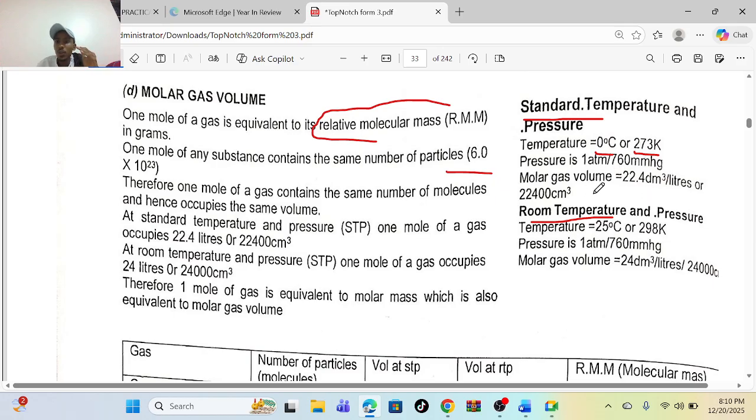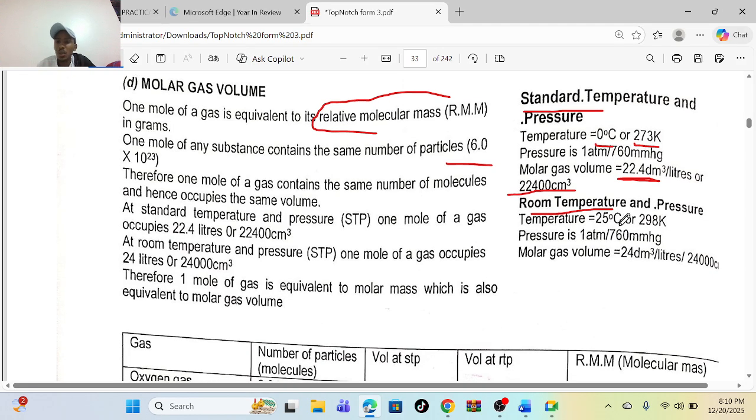Molar gas volume at standard temperature and pressure is 22.4 decimeter cubed or liter, or 22,400 centimeter cubed. Kwa room temperature, the temperature is 25 or 298 Kelvin, and the molar gas volume is 24 decimeter cubed or 24,000 centimeter cubed.